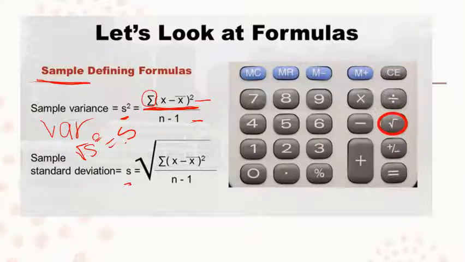There we go. You get that, right? I hope you guys understand why it's just S and nothing fancy. Because if this is S squared, and the standard deviation is the square root of that, then of course it's just going to be straight up S. Anyway, I hope you can also see that in the formula, all that is done here is this is the exact same thing as sample variance, but we take the square root of the whole darn thing.